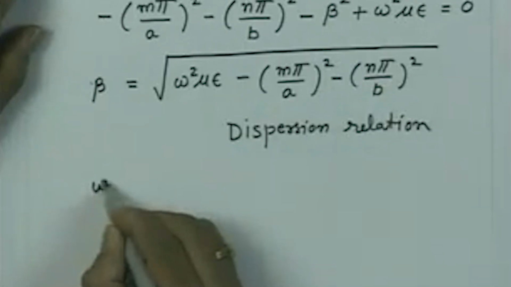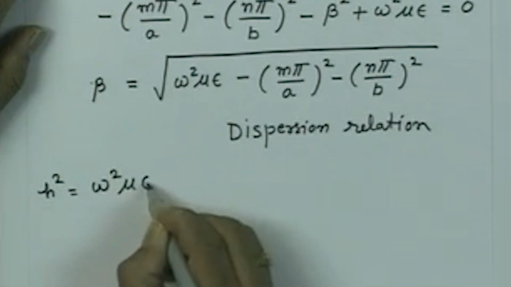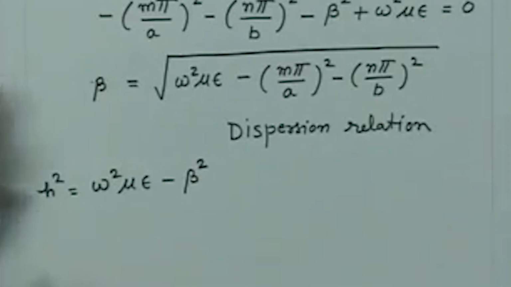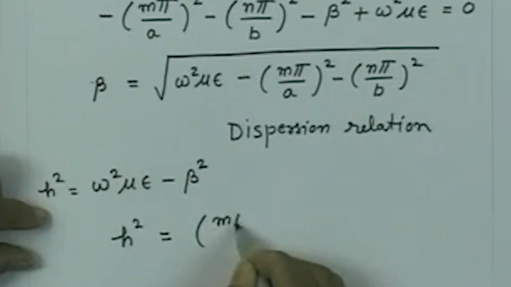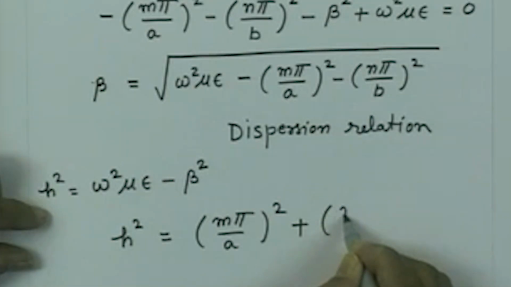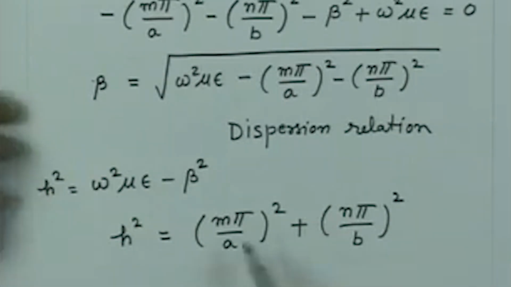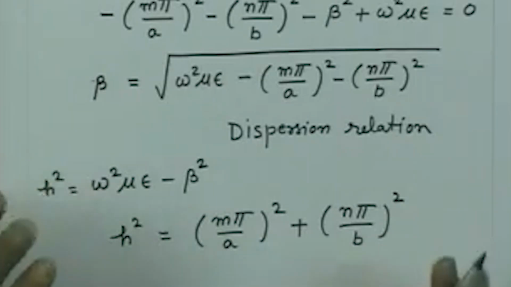So, by comparing this with this, we get essentially for this case h square is m pi by a whole square plus n pi by b whole square. So, when m and n both are not 0, the h square is not 0.